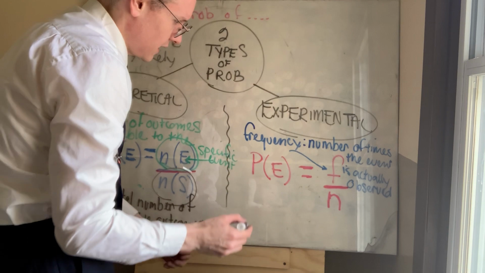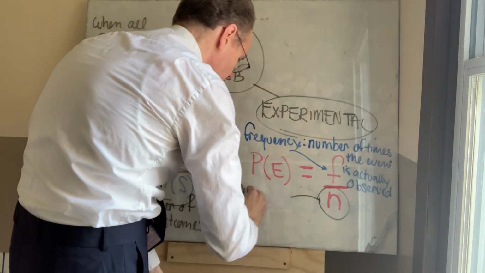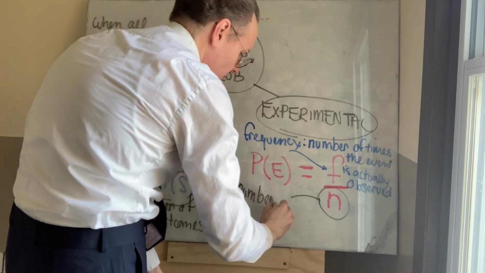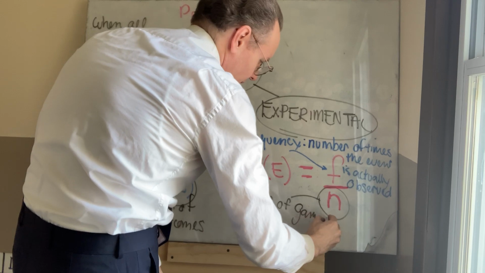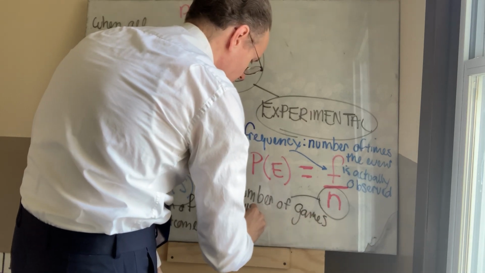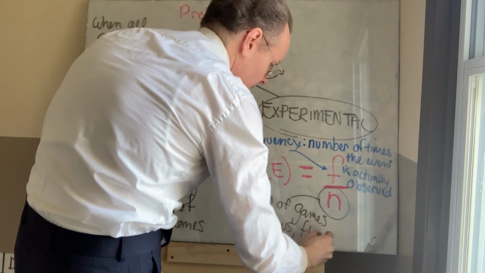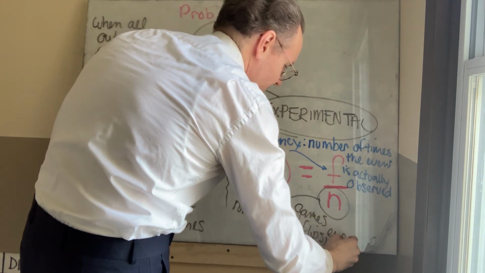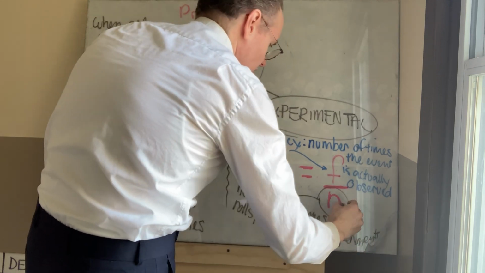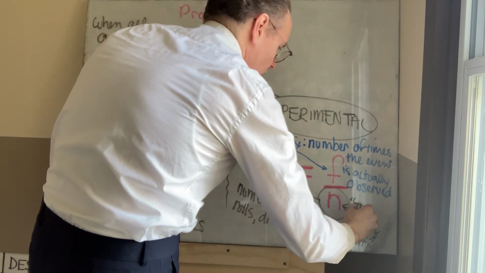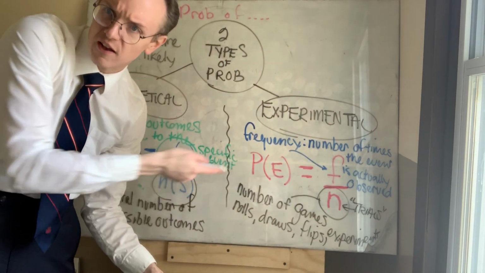The N, on the other hand, is the number of trials. You might say the number of games, rolls, draws, flips, experiments, to generalize, trials of the experiment. Tests, if you will.